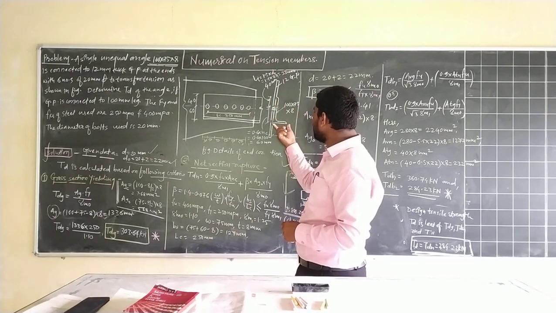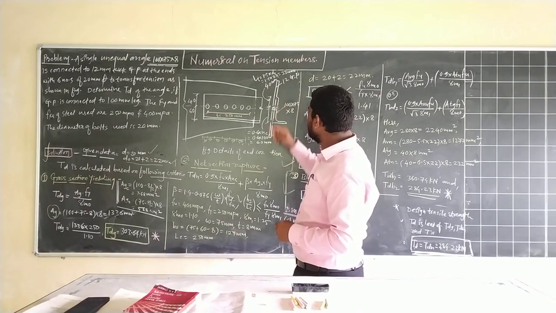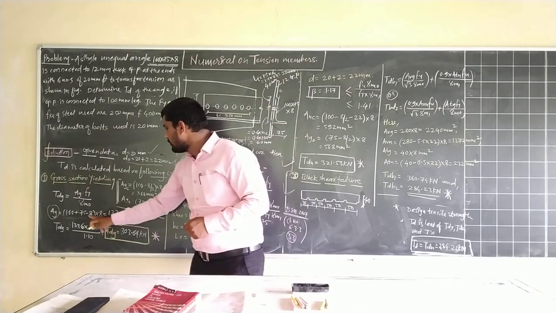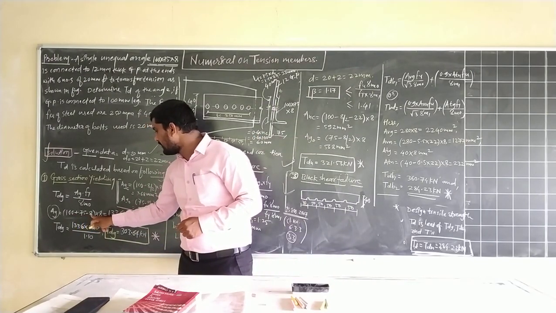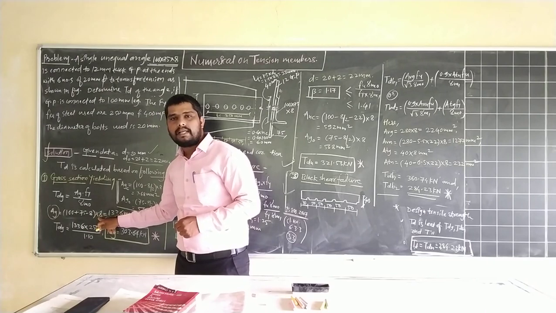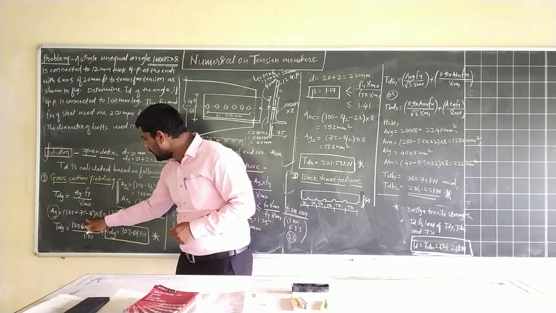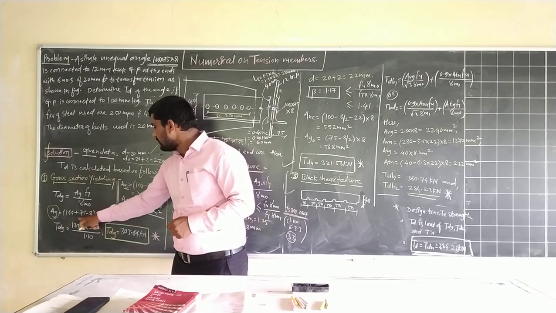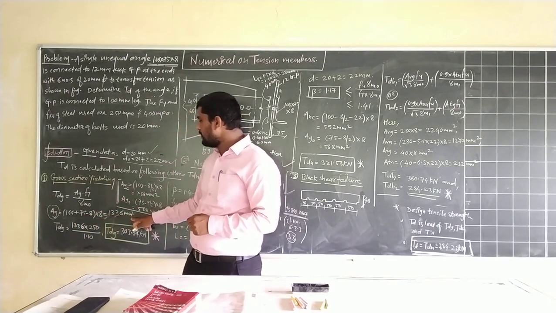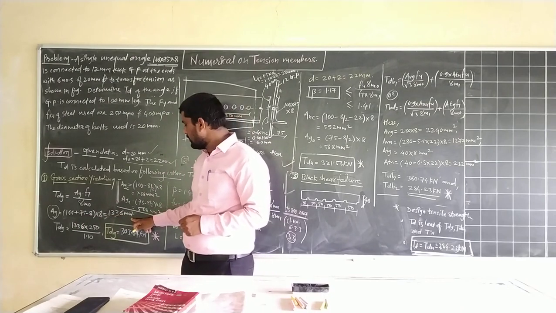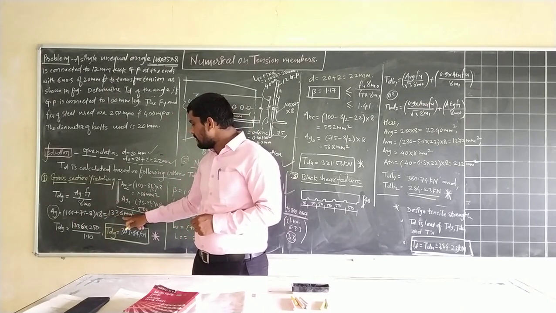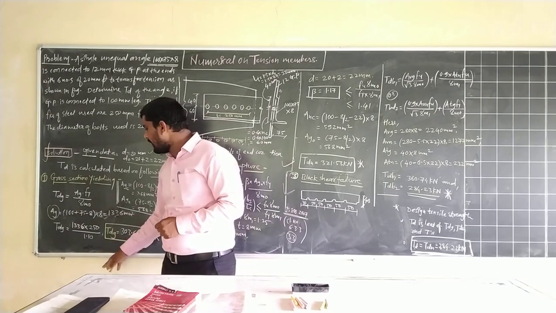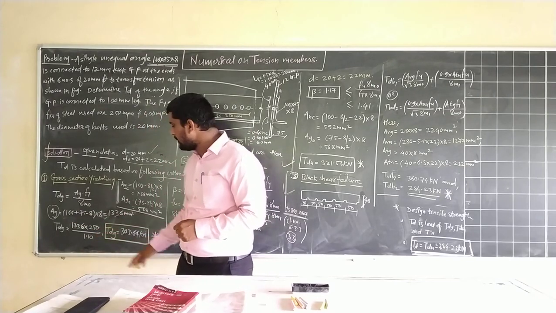So 100 plus 75 minus the thickness of this angle section, that is 8 mm, bracket complete, multiplied by 8, that is (B plus B minus T) into T. So the total cross sectional area is 1336 mm square.